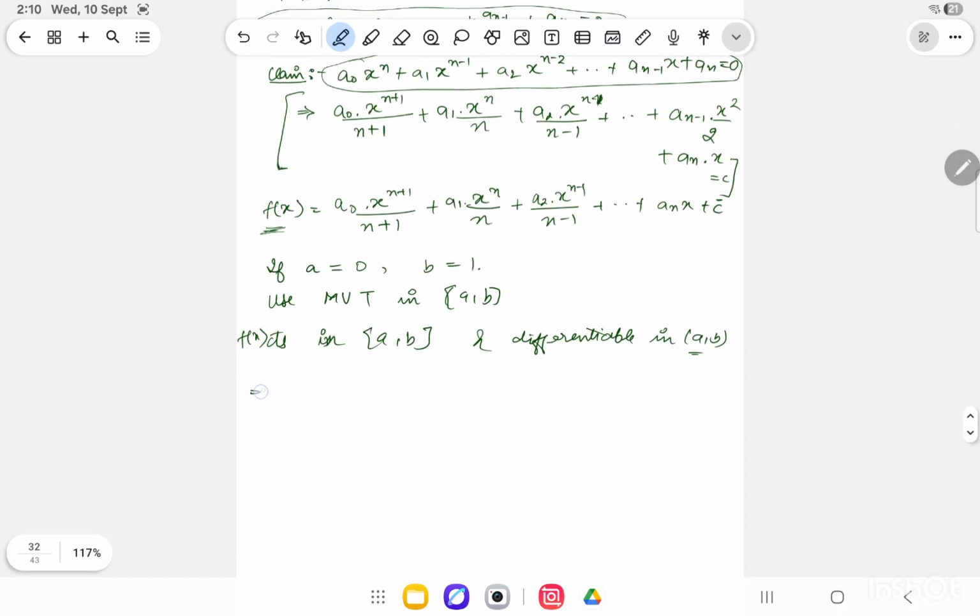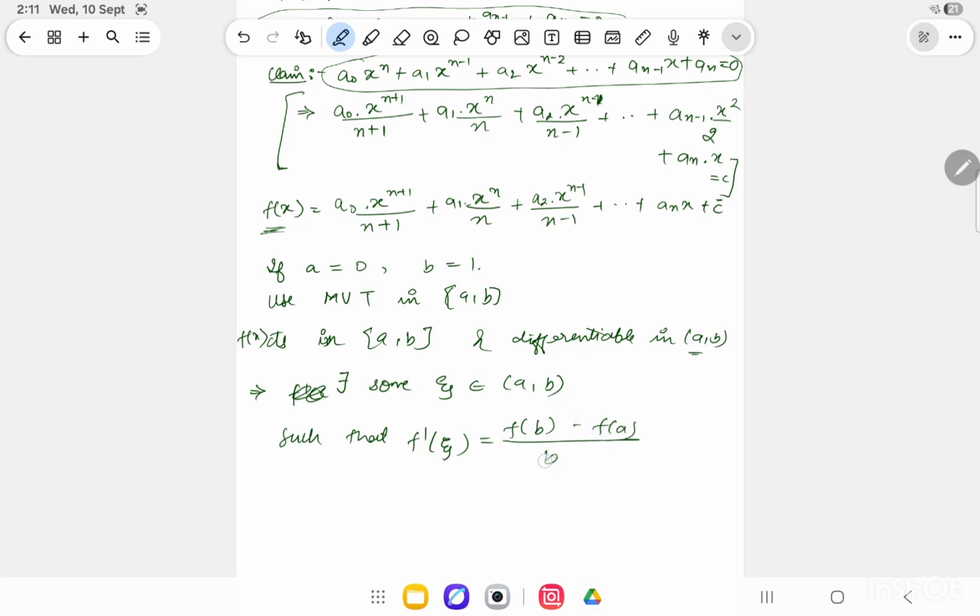If I use the mean value theorem, there must exist some xi in between a and b such that f'(xi) equals (f(b) - f(a))/(b - a).